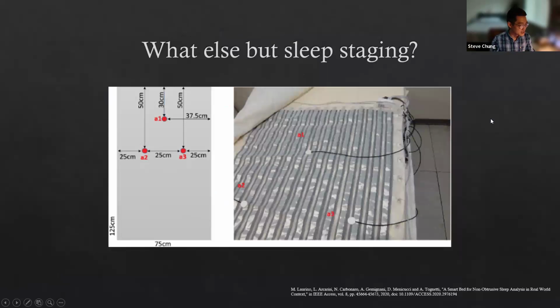There are other things coming out as well, and it's been published in literature. One of them is a pressure mapping system that calculates and determines your body movement and your respiratory movement.